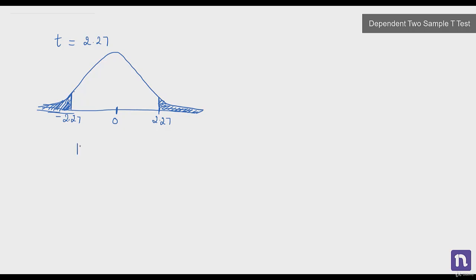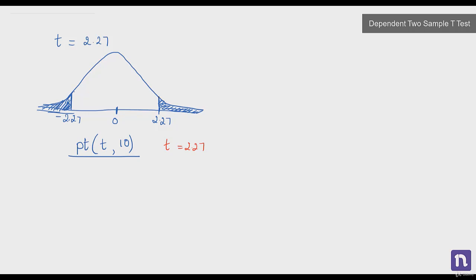Now, in the R programming language, to the pt function you pass a t value. You also pass the number of degrees of freedom, 10 in this case. If you compute this, suppose in this case our t equals 2.27.